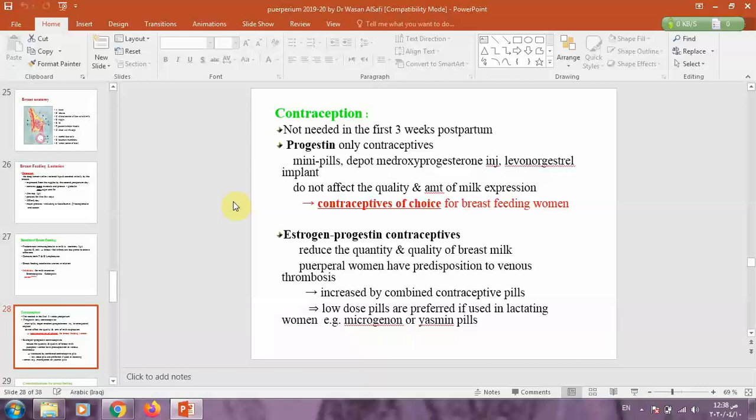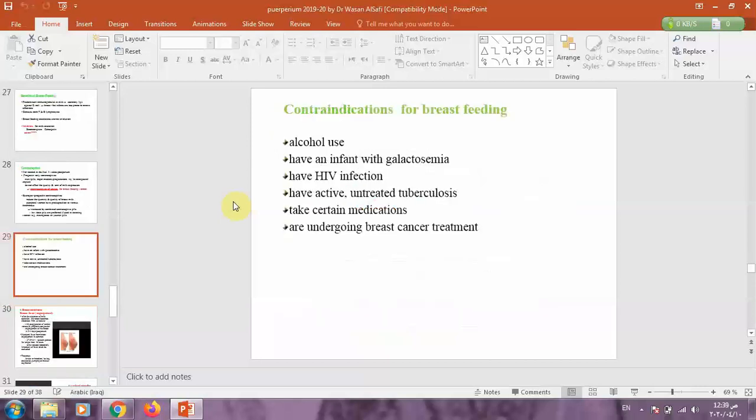Low-dose pills are preferred if used in lactating women, for example Microgynon or Yasmin. They contain 30 microgram of ethinyl estradiol.